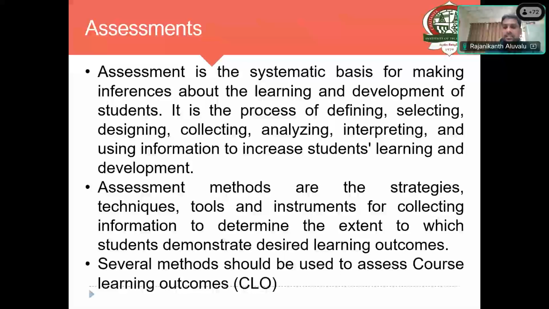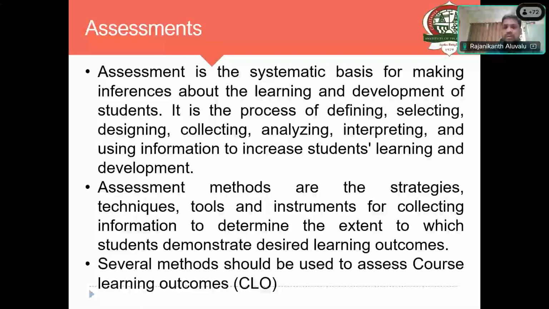Assessment is the process of defining, selecting, designing, collecting, analyzing, and interpreting information on students' learning. So it's not just evaluating, but understanding how their learning has happened.